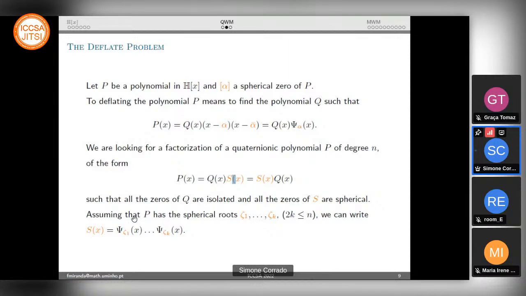So assuming that P has 2k spherical zeros, Z1, etc., Zk, and the corresponding conjugates, we can obtain the polynomial S as the product of the characteristic polynomials of Z1, etc., Zk.